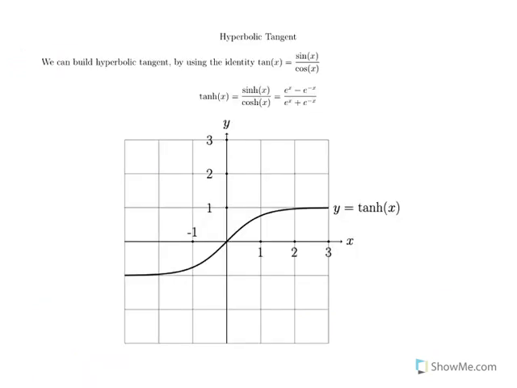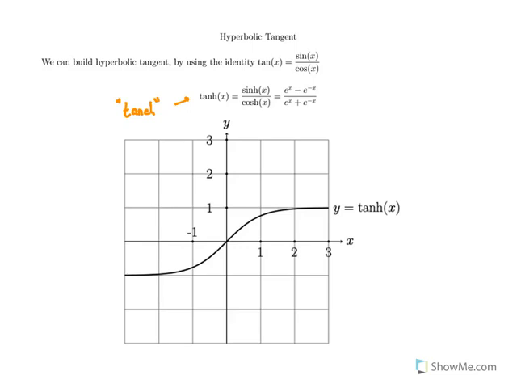All right, now let's talk about hyperbolic tangent. We're going to spend a lot less time on hyperbolic tangent, but we can know that it's going to be defined using the same idea as tangent being sine over cosine. We'll now do hyperbolic tangent, which we're going to call tanh. Tanh is going to be sinh over cosh.